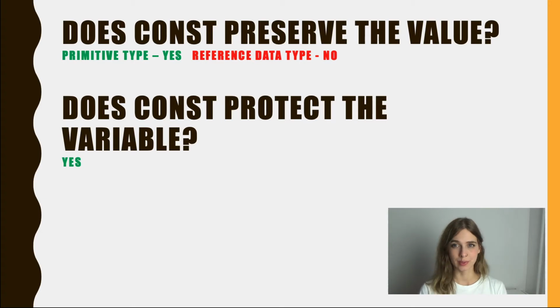Yes, it does preserve the value, but only for a primitive data type. When it comes to the reference data type, aka object, it would not preserve the value. Does const protect the variable? So in a way we could say that it does protect that variable. So what does it actually mean to preserve the value or to protect the variable?